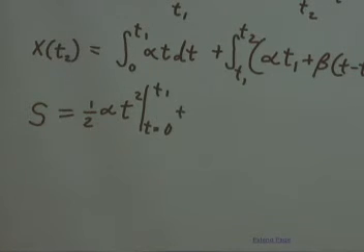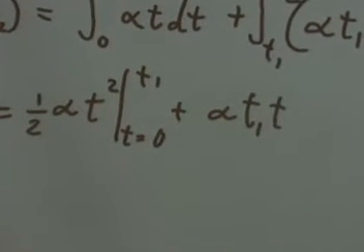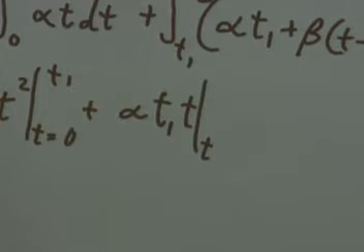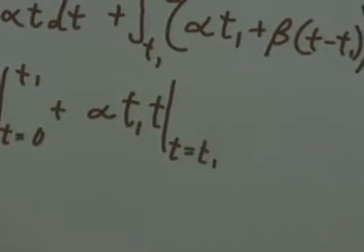For the next one, let's break this into 3 integrals. Okay, so we'll have alpha t1 times t evaluated from t equals t1 to t2.